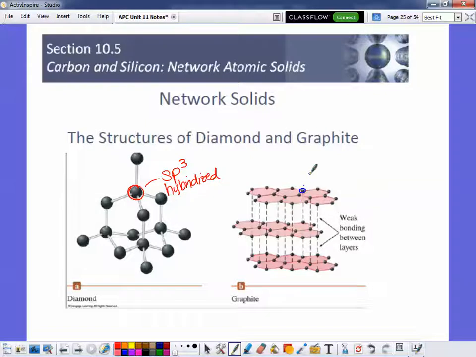All right. So this is sp2 hybridized. So in an sp2 hybridized carbon, there's that empty p orbital. That was a horrible drawing of a p orbital, but it's there. And in graphite, you end up with these two-dimensional layers or sheets, and within that sheet it is very, very, very strong, but it's weakly bonded to the next sheet because that's where the p orbitals are overlapping.